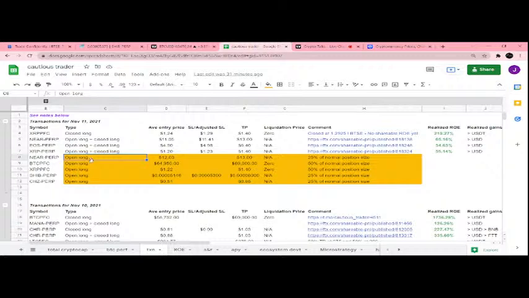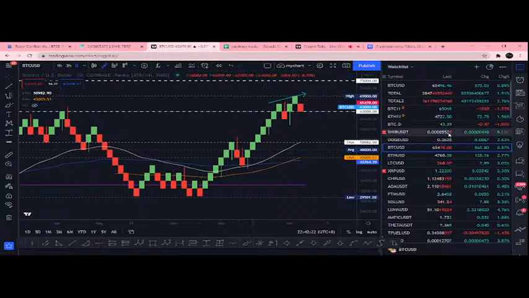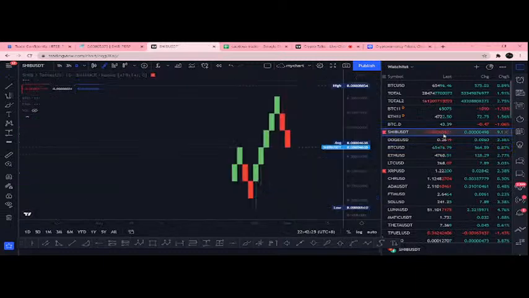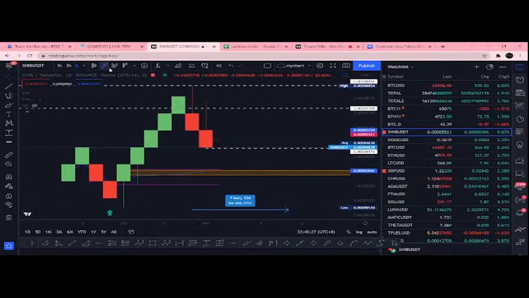And then some others that are still open at the moment, like for example, I relong BTC with still the same TP, and the same with XRP, and Shiba, and Chiliz. So I think let's start off with Shiba for today.